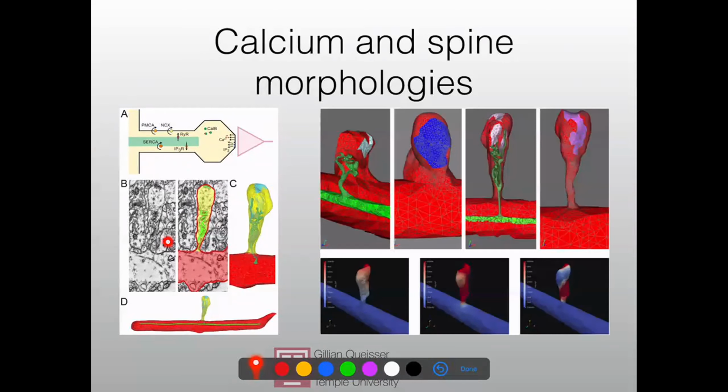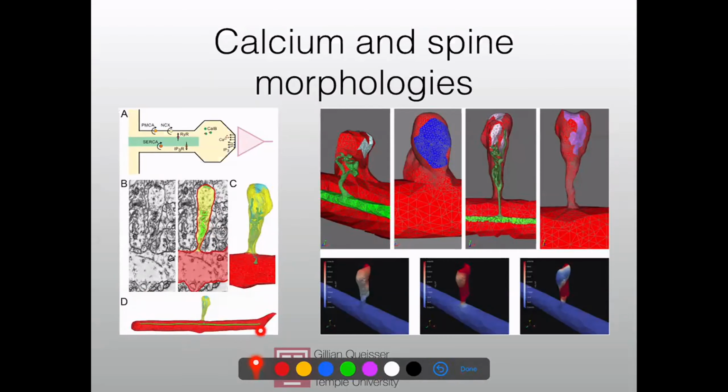Over here, we see an example of electron microscopy data that is used to identify the individual components of, let's say, a spine consisting of spine head, neck, and a piece of the dendrite. In green, the endoplasmic reticulum or spine apparatus, which is connected to a part of the dendrite in this case.